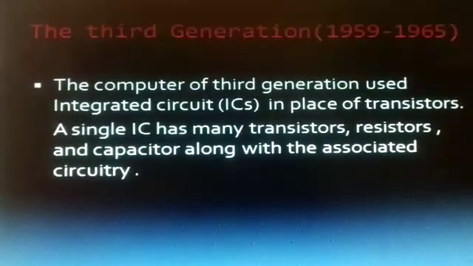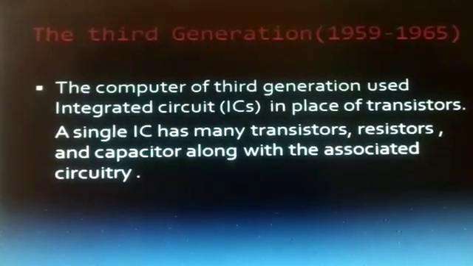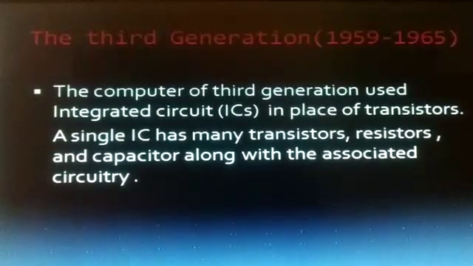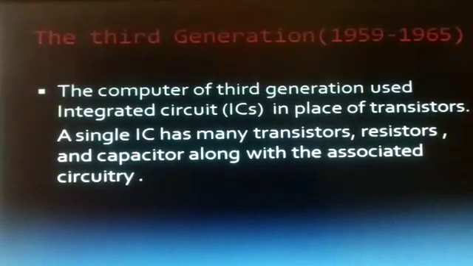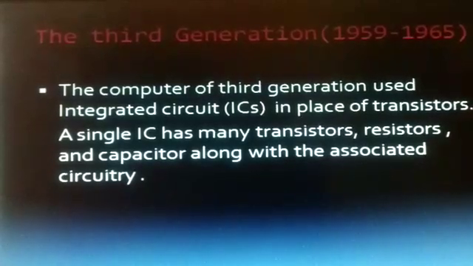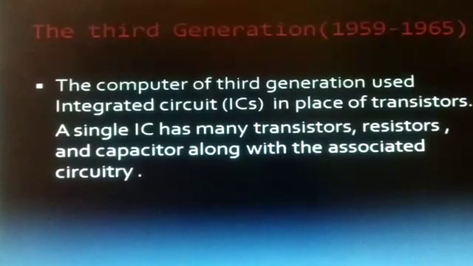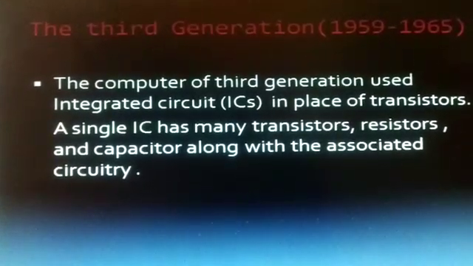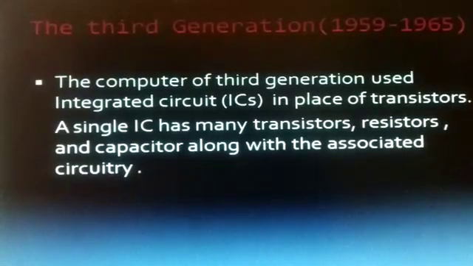Now come to the third generation of computer. The period of the third generation is 1965 to 1971. The computers of the third generation used integrated circuits, IC, in place of transistors. A single IC has many transistors, resistors and capacitors along with the associated circuitry.